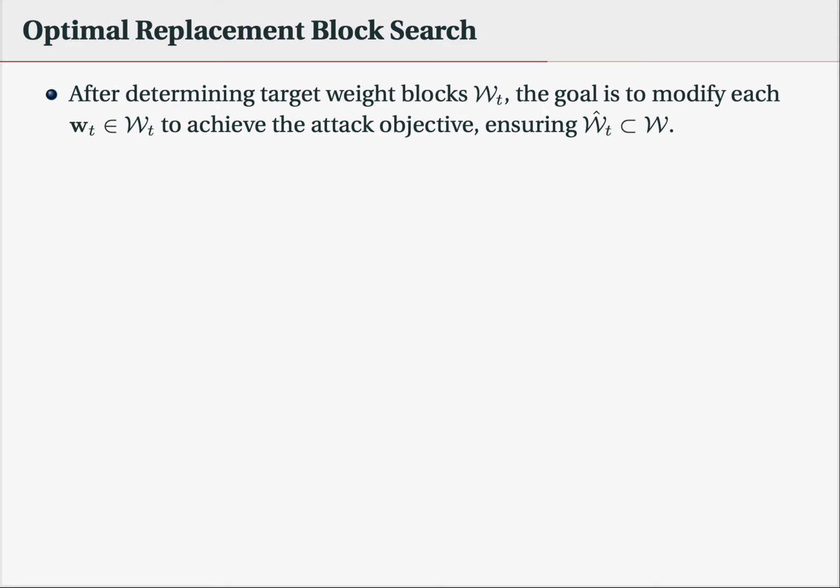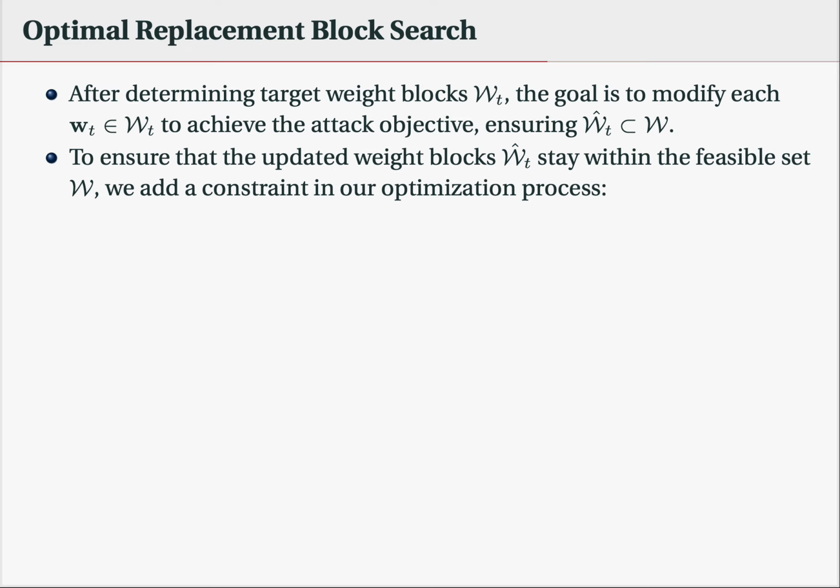The next strategy is to find the optimal replacement weight block, which we call optimal replacement block search. After determining target weight blocks, the goal is to update each target weight block to achieve the attack objective while ensuring that the updated target weight blocks stay within the feasible weight set.